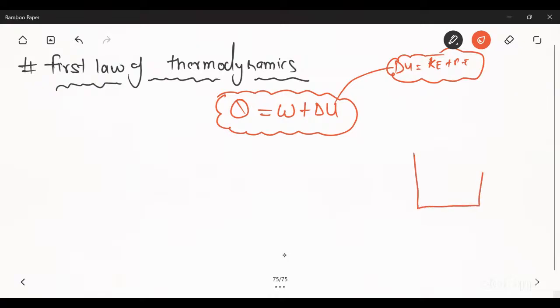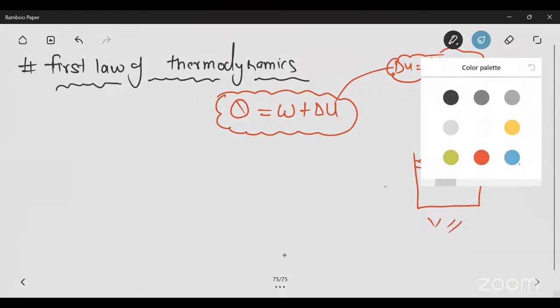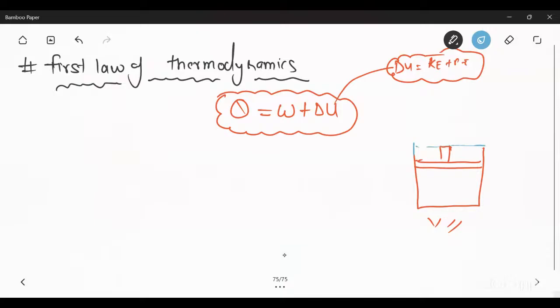Now, taking the same example as the previous one, if there is a piston and you heat, what will happen? The piston moves upward. So the piston is moved to position A dash. What happened on giving heat? Some heat will be absorbed by molecules, which means they have increased their kinetic energy, and some energy they will use to push this piston upward.